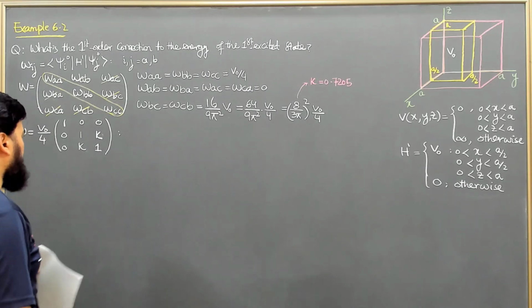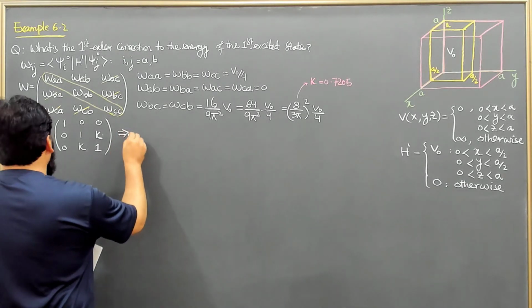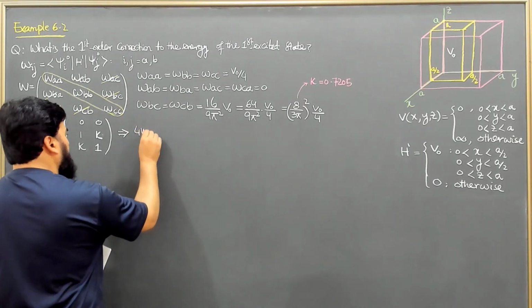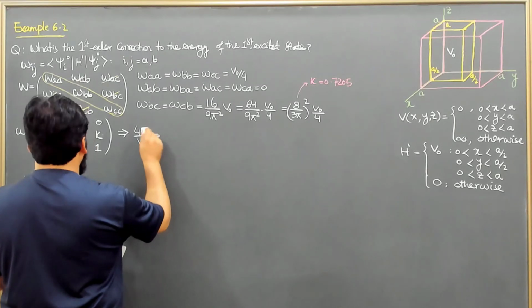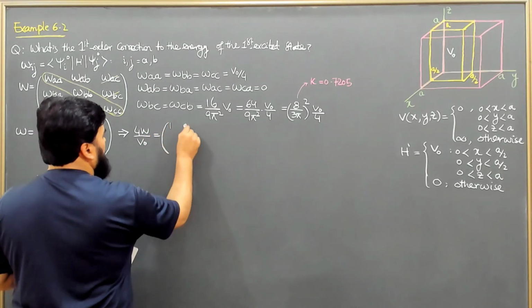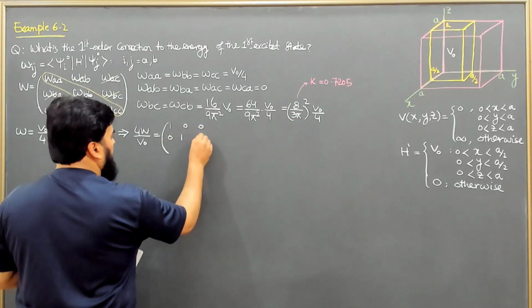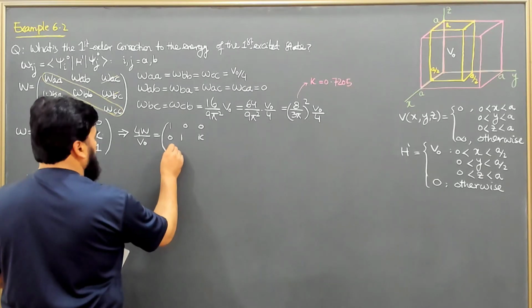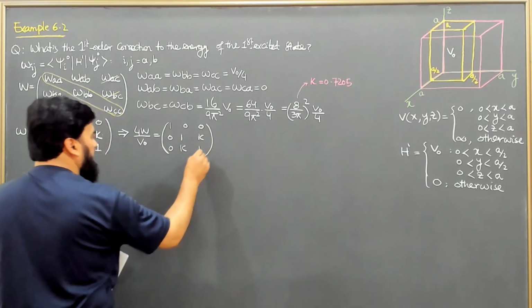Now I can write further that 4W over V naught is equal to this matrix, which is 1 0 0, 0 1 kappa, and 0 kappa 1.